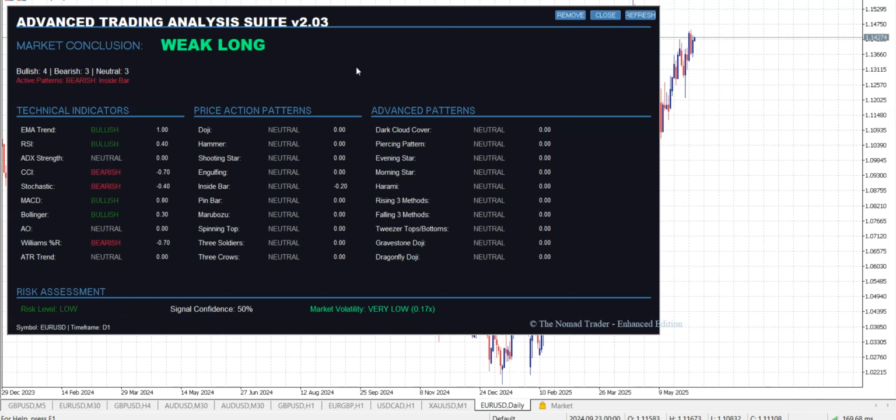What I am also planning, but it is not going to be the first version, is another version which is analyzing all the time frames at the same time.